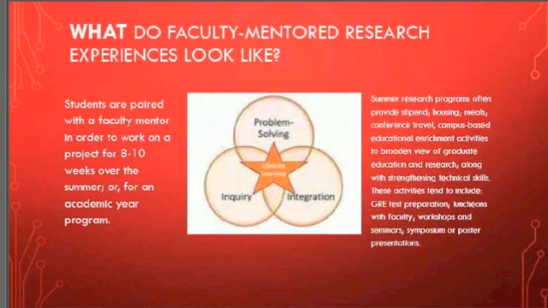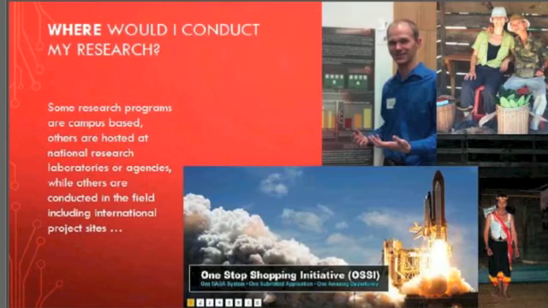The majority of experiences are in the summer, but many students are also doing research experiences throughout the academic year. Like McNair is one of the programs that is a year-long program. Next slide.